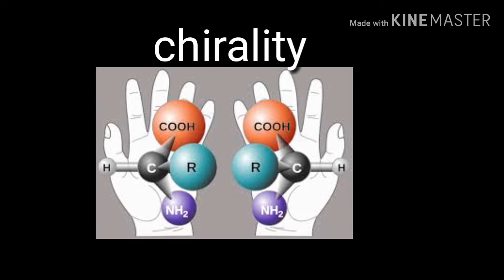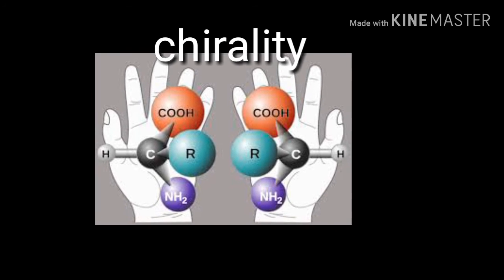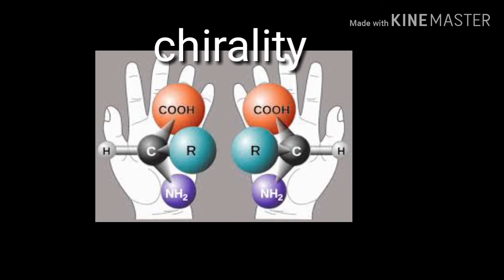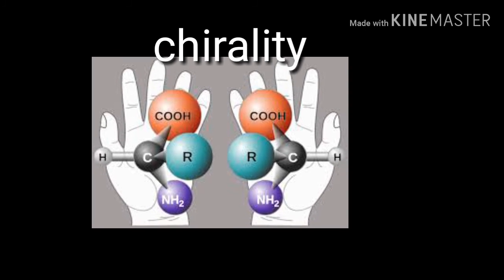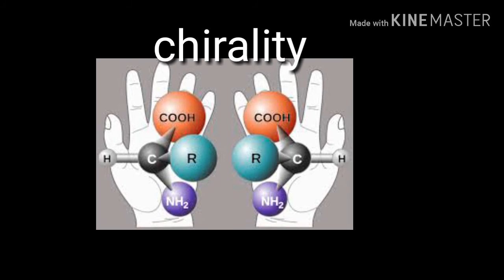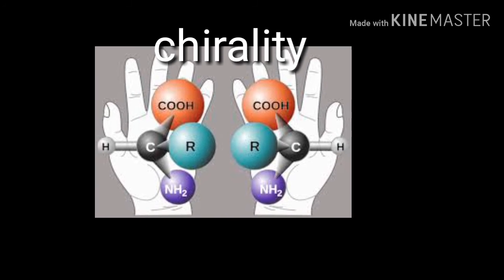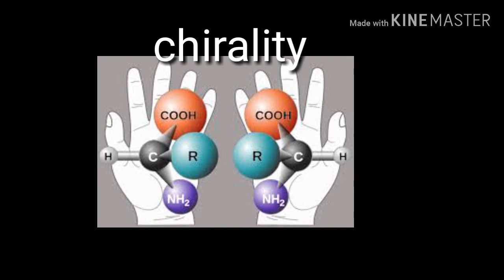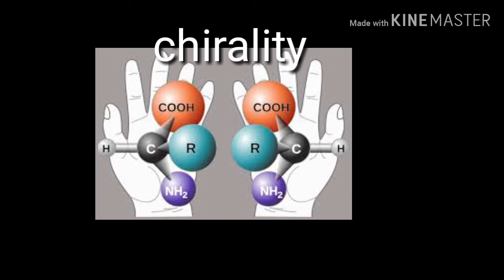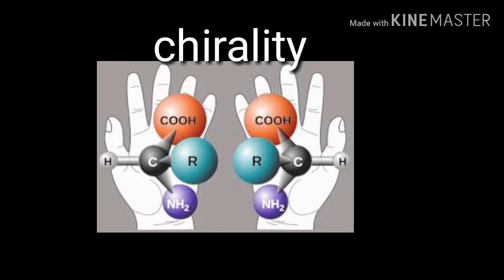A chiral molecule is a molecule that is not superimposable on its mirror image. So, if molecule 2 is not superimposable on its mirror image, it is chiral. And an achiral molecule is a molecule that is superimposable on its mirror image.